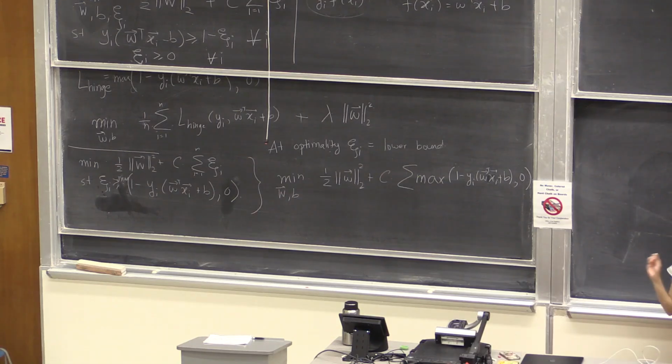I just replace psi I by the bound. But now look at this problem and the hinge loss formulation. It's exactly the same up to constant, right?